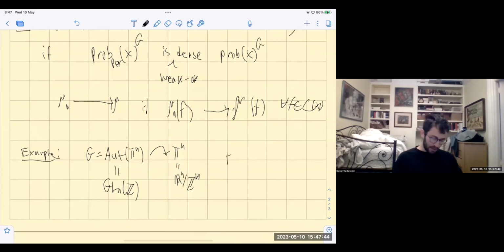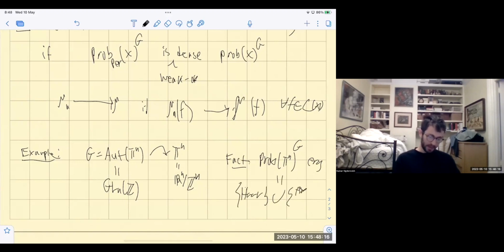And it is a fact, not a trivial fact, that the probability measures on the torus which are invariant under all automorphisms, and here let's just say ergodic probability measures, are exactly the Haar measure on the torus and many periodic measures.